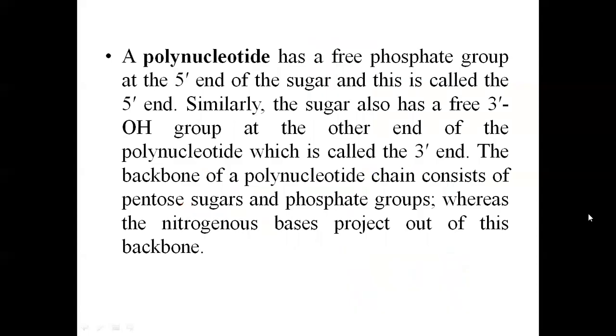Now, a polynucleotide has a free phosphate group at the 5' end of the sugar, and this is called the 5' end. Similarly, the sugar also has a free 3' hydroxyl group at the other end of the polynucleotide, which is called the 3' end. The backbone of a polynucleotide chain consists of pentose sugar and phosphate groups, whereas the nitrogenous bases project out of this backbone.